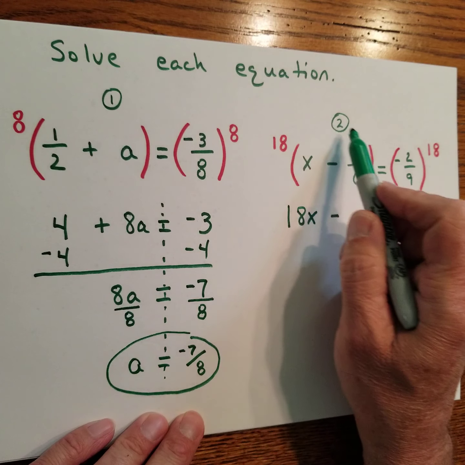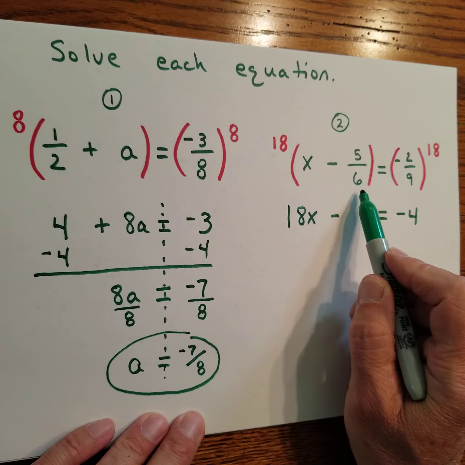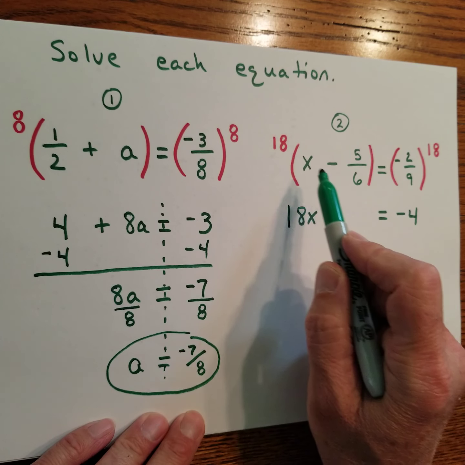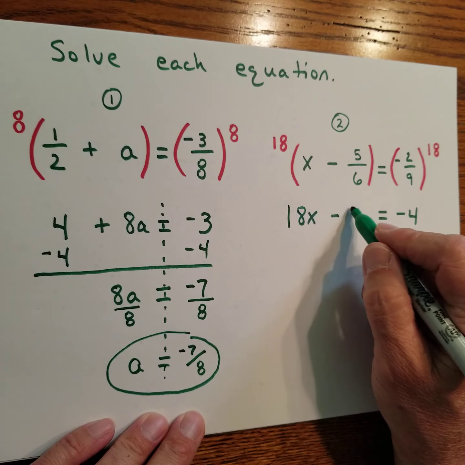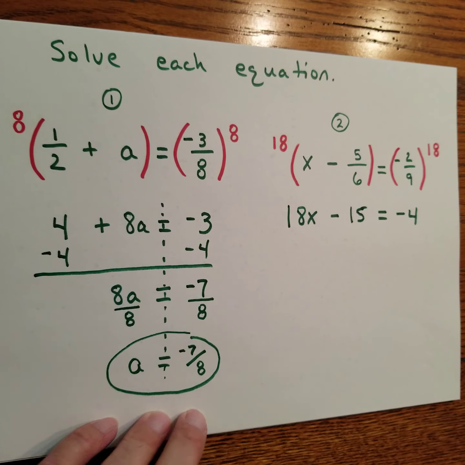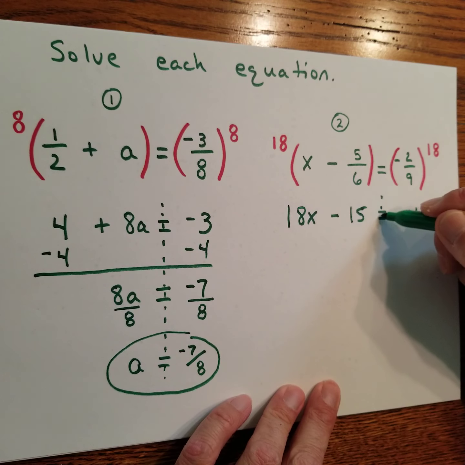When I multiply 18 times the fraction, we use our trick. How many times does 6 go into 18? 3. 3 times 5, 15. Now that looks like an equation I can handle.